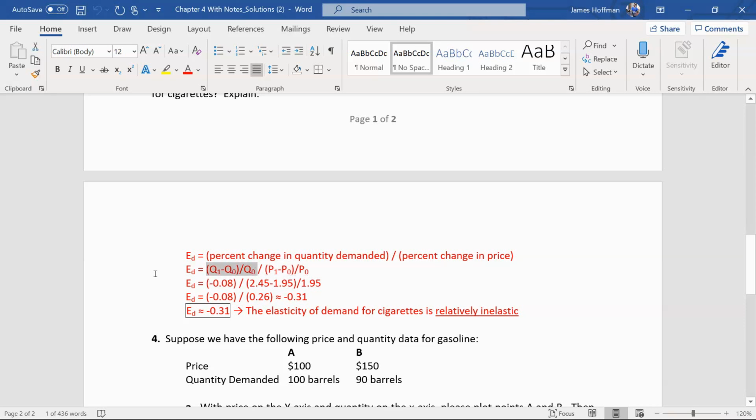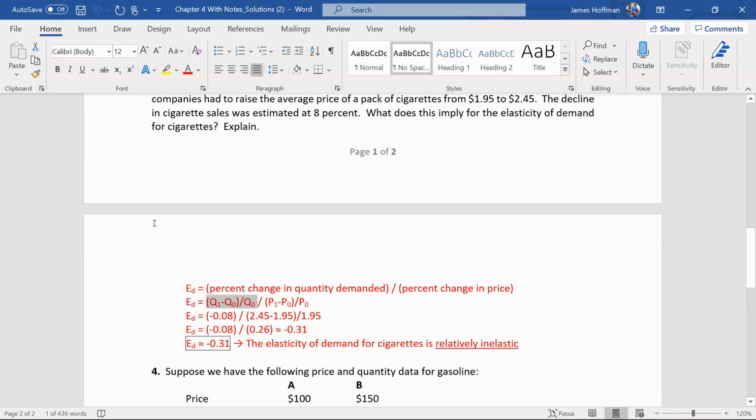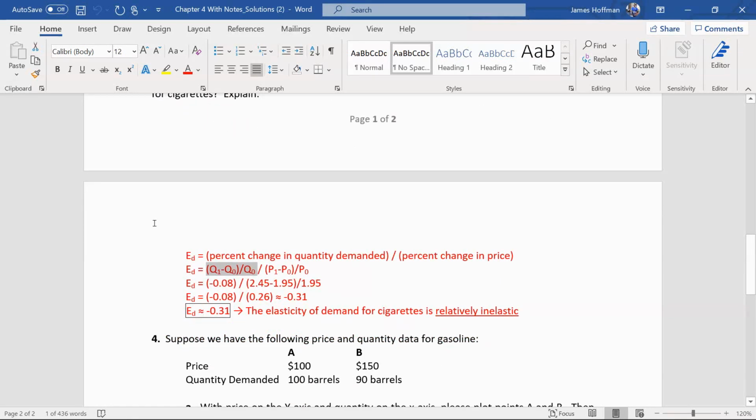So when the quantity changes from one quantity to another, what's the percent change? That's just the difference, Q1 minus Q0, over the original. So the percent change in quantity demanded is exactly this portion here: Q1 minus Q0 over Q0.